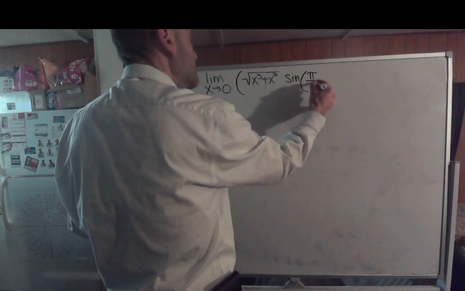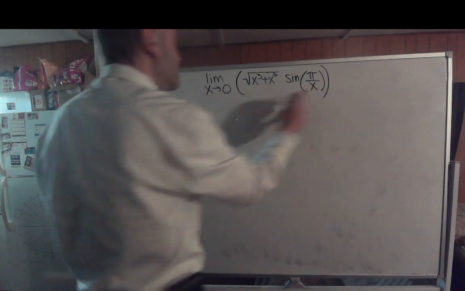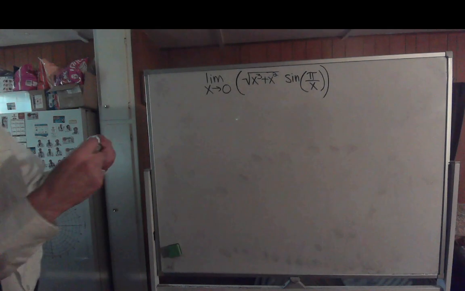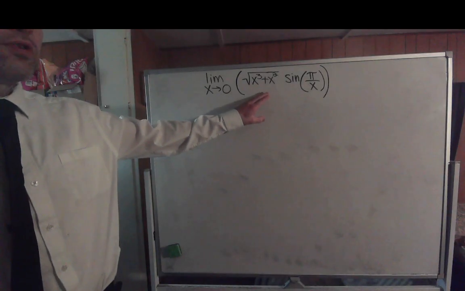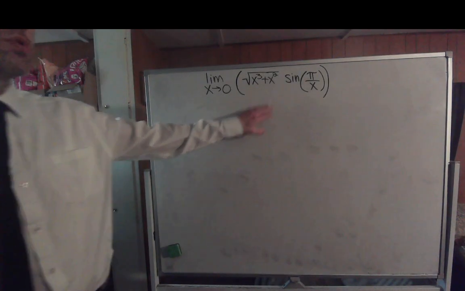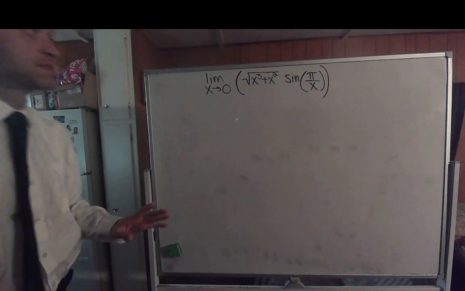So we have a very similar function. We want to find the limit as x approaches 0 of this function here, the square root of x cubed plus x squared, that whole quantity times the sine of pi over x.